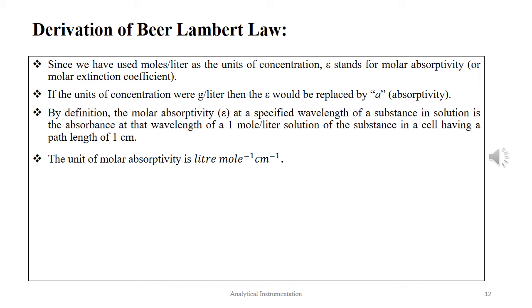By definition, the molar absorptivity epsilon at a specified wavelength of a substance in solution is the absorbance at that wavelength of 1 mole per liter solution of the substance in a cell having a path length of 1 centimeter. The unit of molar absorptivity is liters per mole per centimeter.